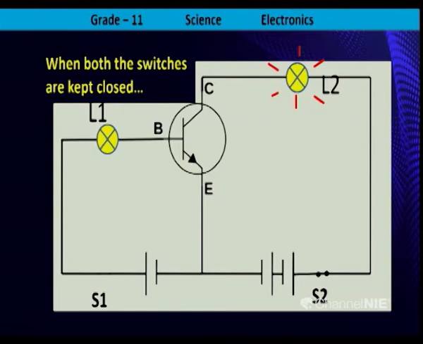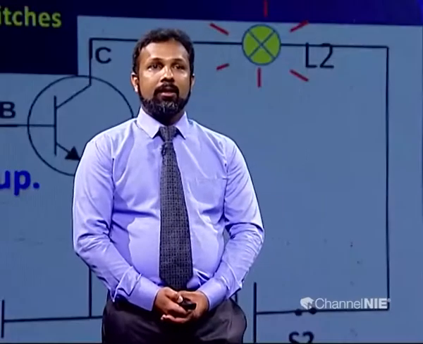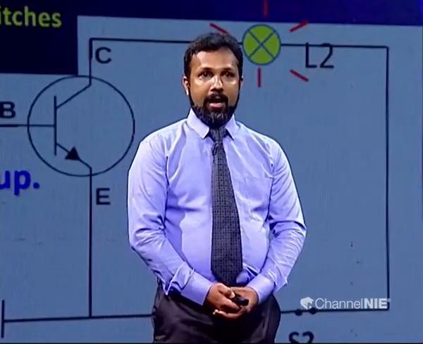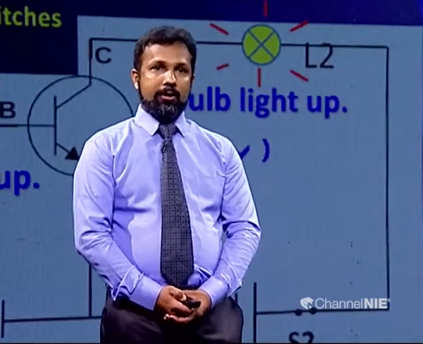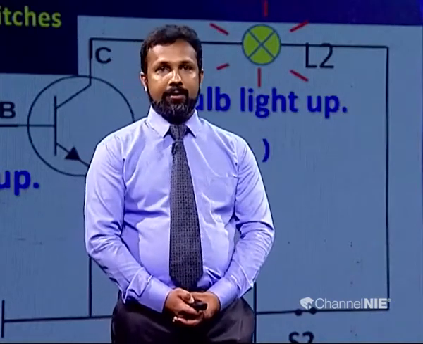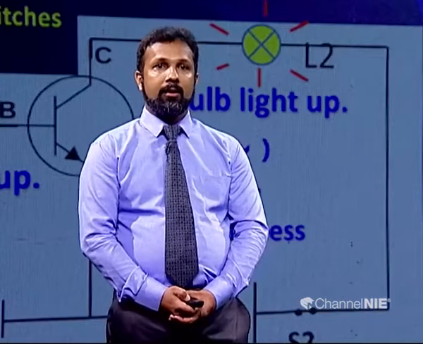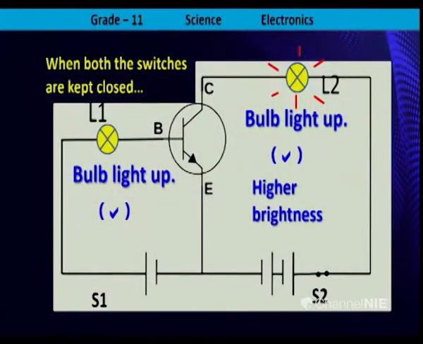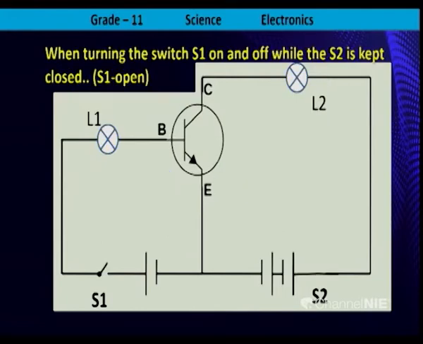Let's learn about it in coming slides. Right. L1 bulb lights up, L2 bulb also lights up. Right. But the brightness of the L2 bulb is higher than the L1 bulb.